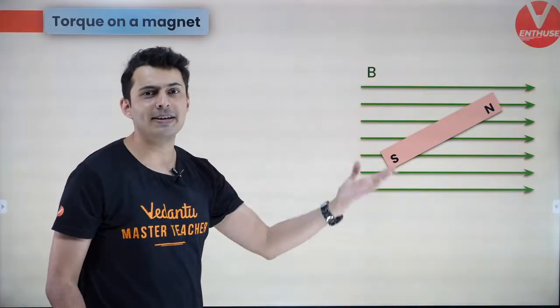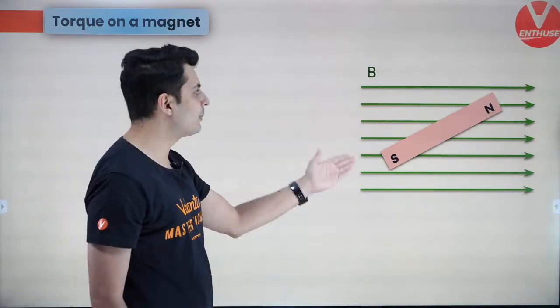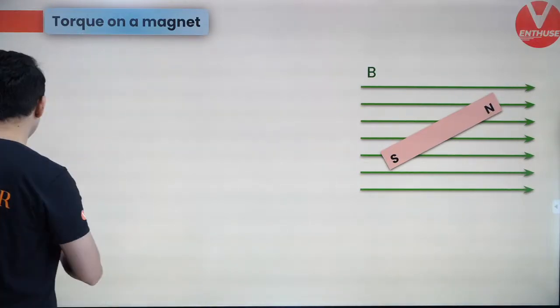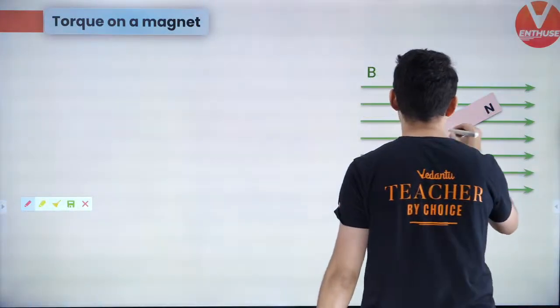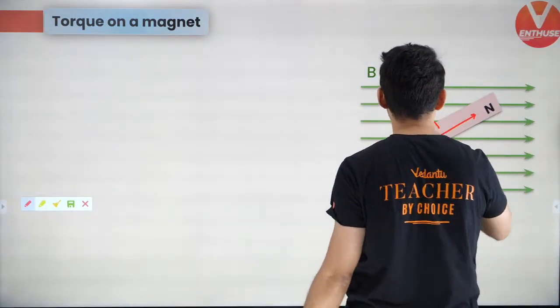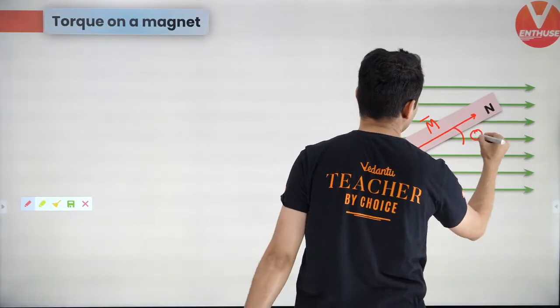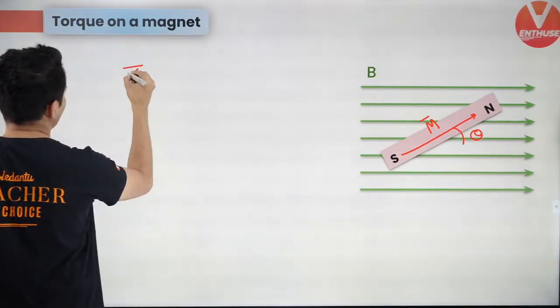Again, revision, guys. What happens if you place a dipole in somebody else's magnetic field? There will be a torque on it, and there is a magnetic moment M. If this angle is theta, what is the torque given by?